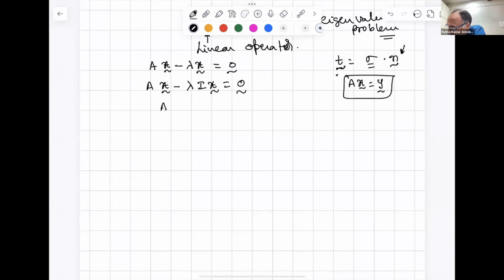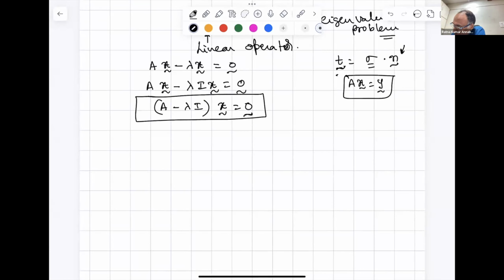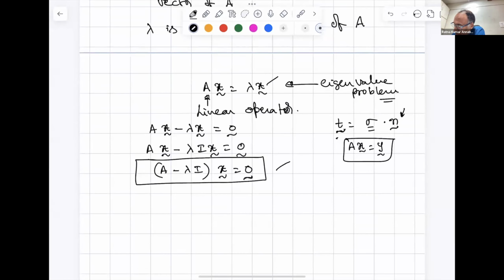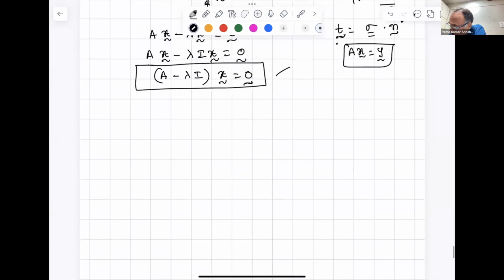Now I can write (A minus lambda I) times X equal to 0 vector. Now, this is what is my eigenvalue problem. Again, this is the same as this problem, right? Eigenvalue problem.